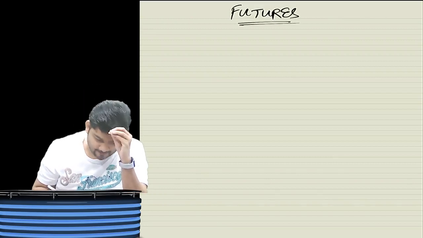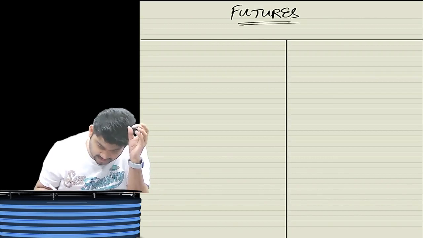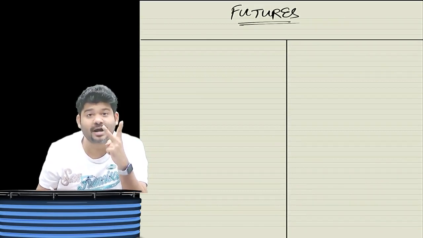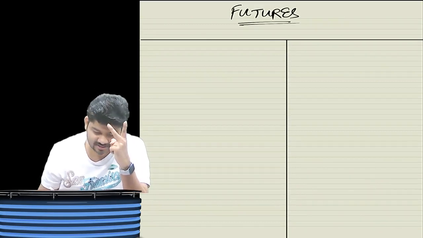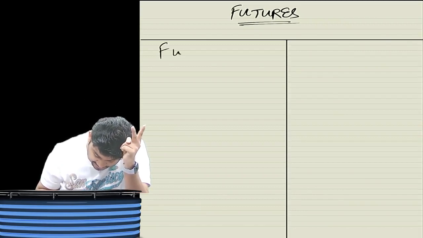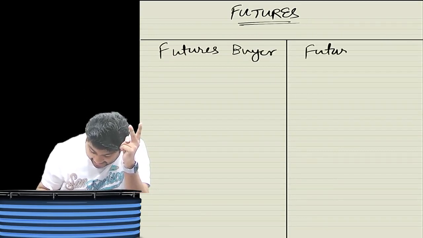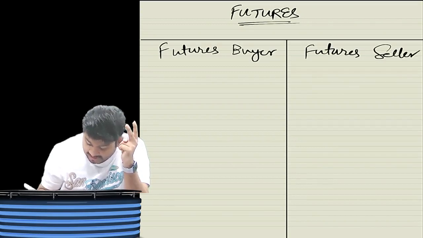Let the game begin. So, in case of futures, there are two kinds of people who are doing a transaction. One is called a futures buyer and the other is called a futures seller.